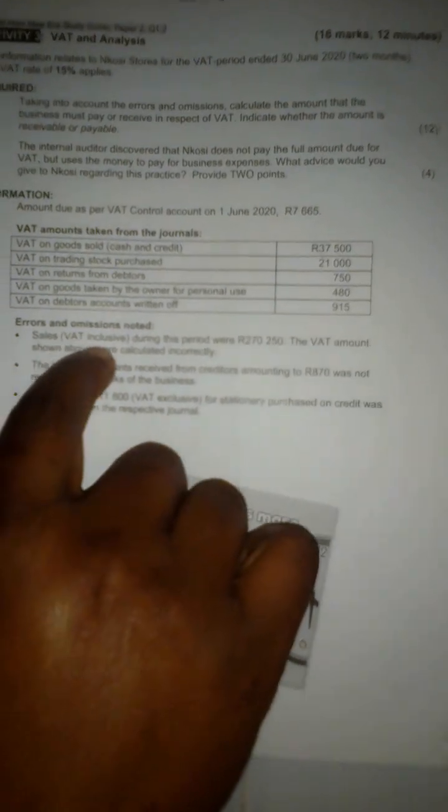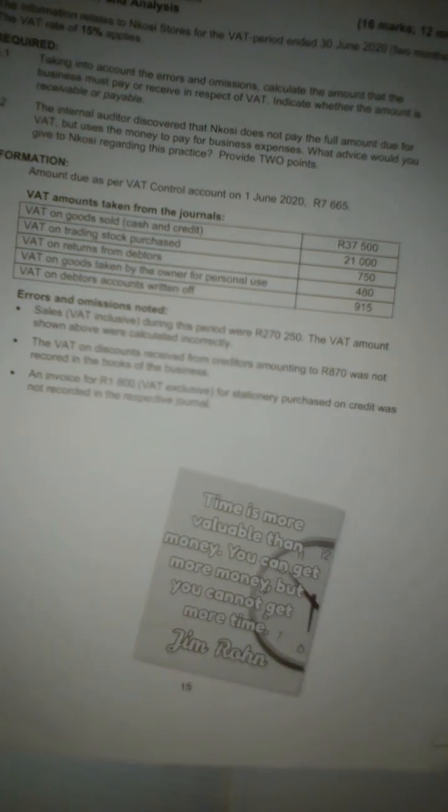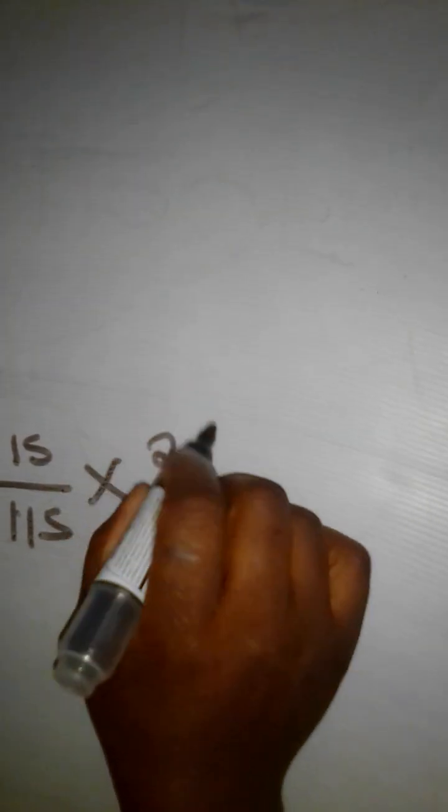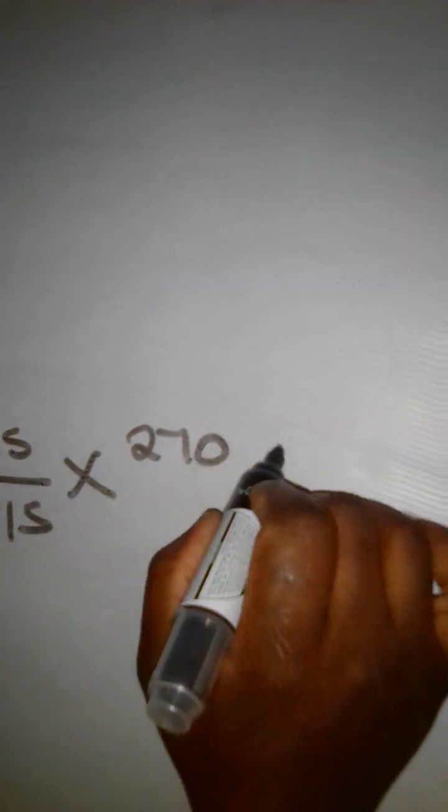The sales are VAT inclusive. Remember what I said, when an amount is inclusive of VAT, we are going to say 15 over 115 multiplied by the amount given. We have 270,250 times 15 over 115.